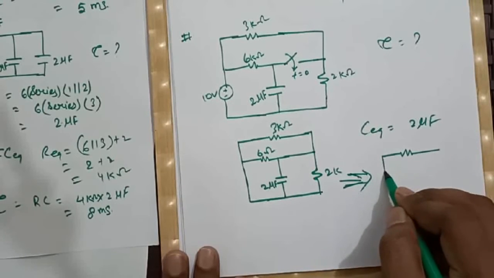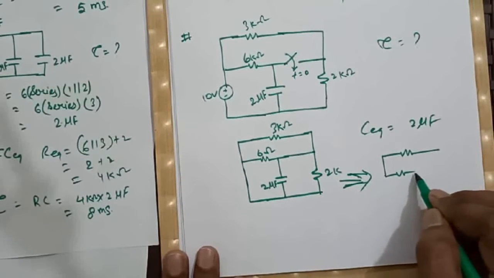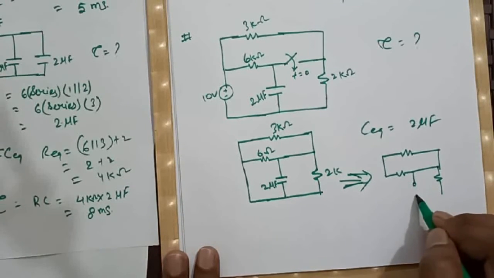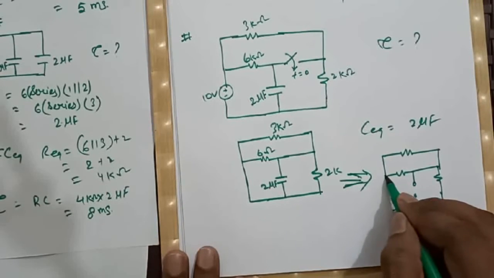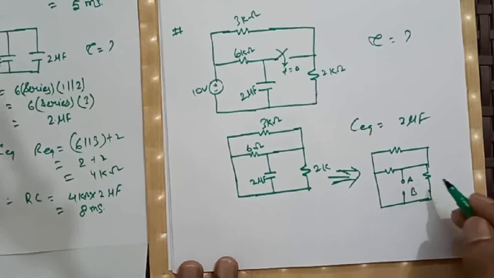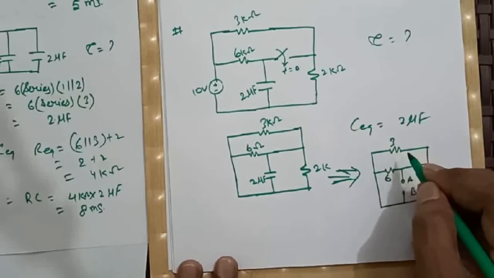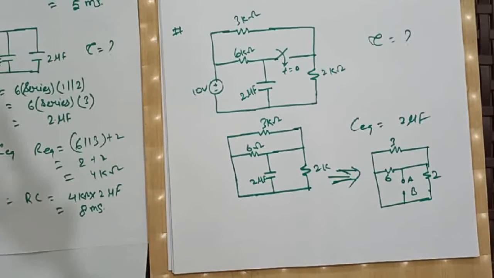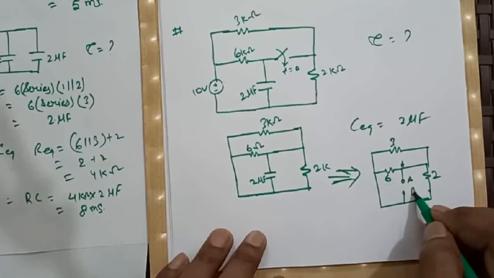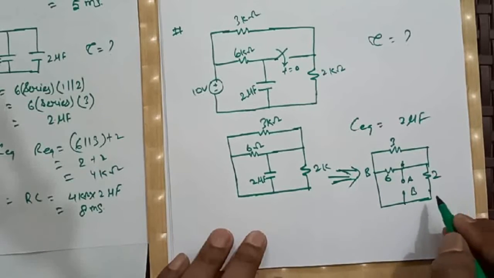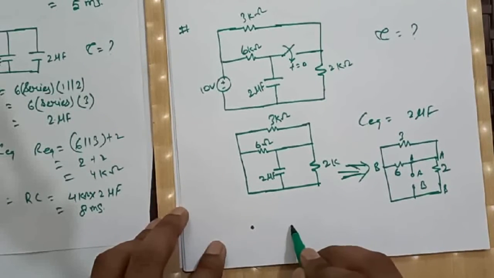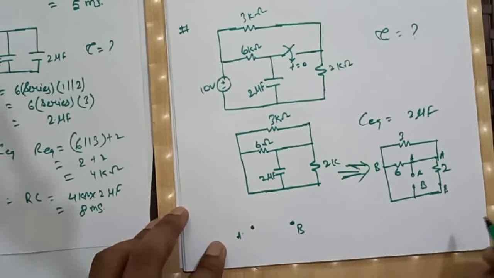After redrawing the circuit, this is point A, this is point B. We have to find the equivalent resistance between A and B. Now see, if I name this terminal A, this terminal B, this will also be B, this is B, this is A. Now simplify.